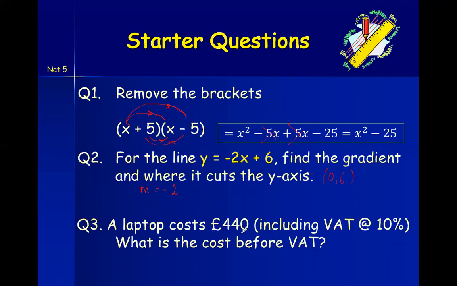Cost before VAT. So here you've got a cost plus 10% of the cost equals 440. That means 1.1x equals 440. That means x is 440 divided by 1.1.